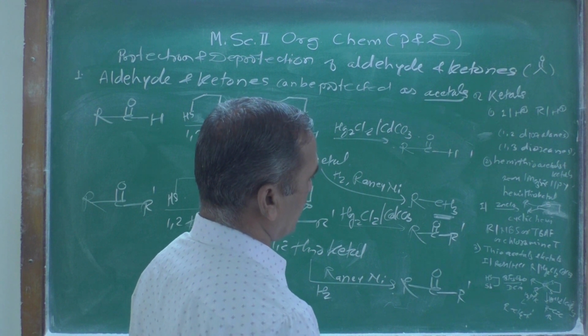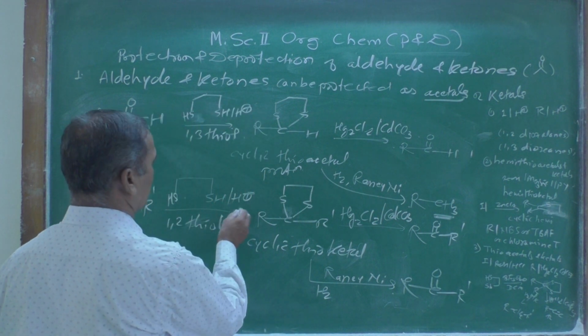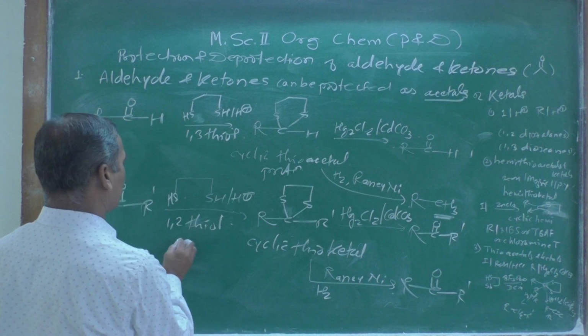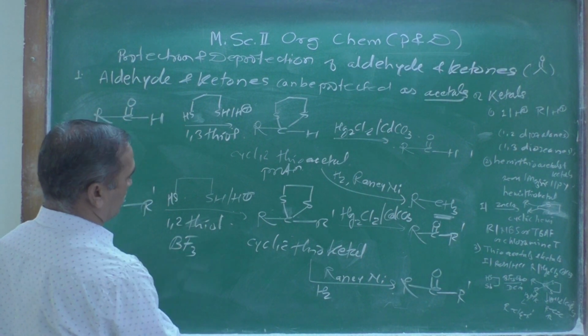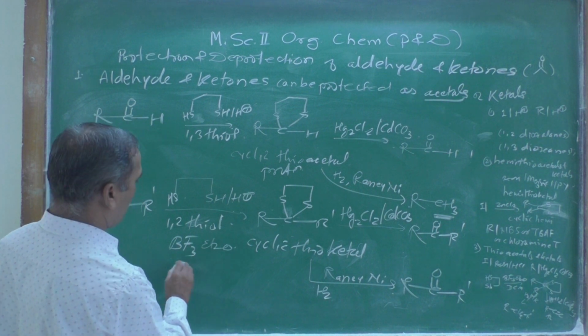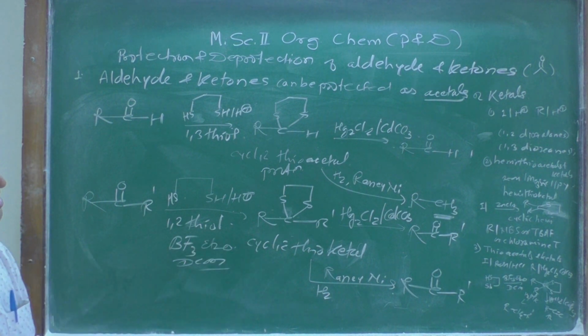And now the solvent you can use to carry out this reaction, we can use boron trifluoride in presence of ether or DCM. These are the solvents you can employ for this reaction.